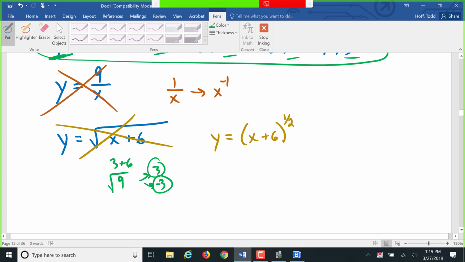But if we defined it in such a way that it was only the positive results of that square root, then it is a function. Then there is only one outcome. So like I said, the same with this one here. There are cases where we can restrict that relation, and then it does become a function if we make those restrictions.